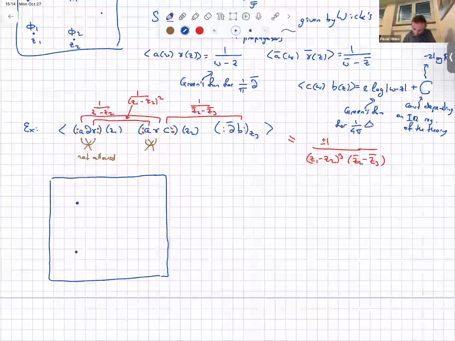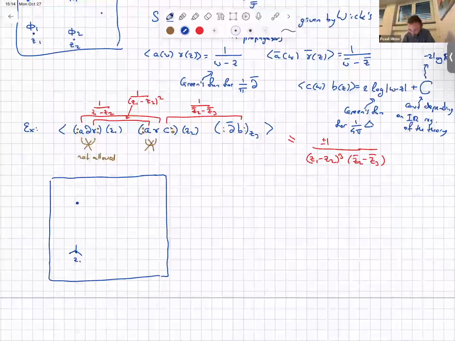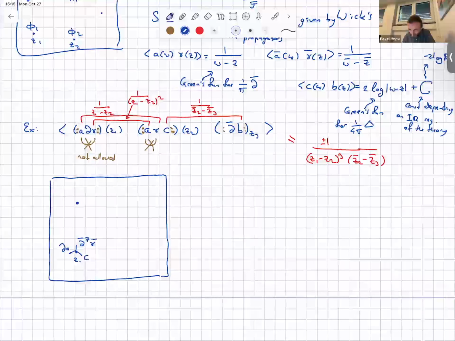So then let's say I have point Z1 where I have something of some order, let's say cubic in fields. Let's say my field there is del A times del bar to the power 7 of gamma bar, and then I have C.